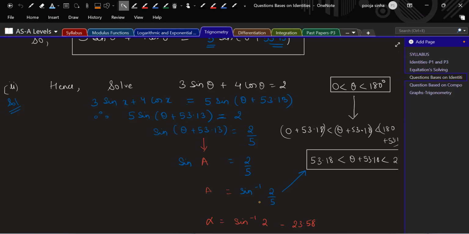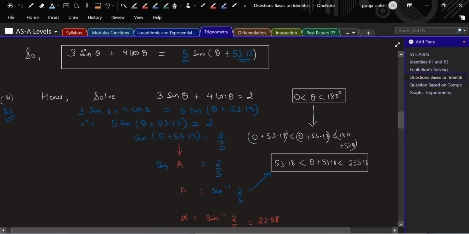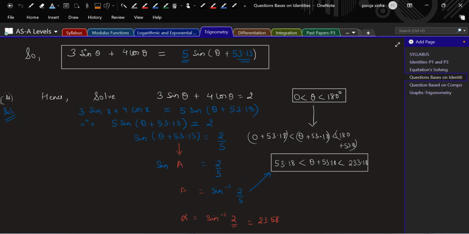Okay. So say it again. What did you say? I missed out. So 23.58 degrees is equal to theta plus 53.13, right? What's your final answer?